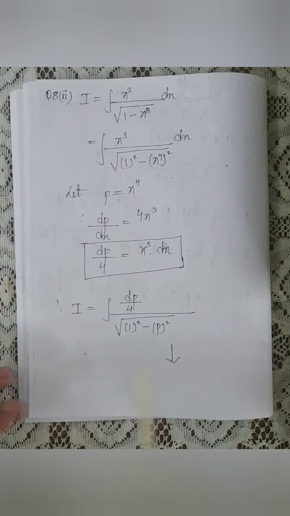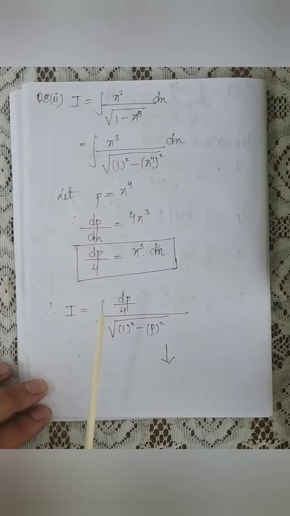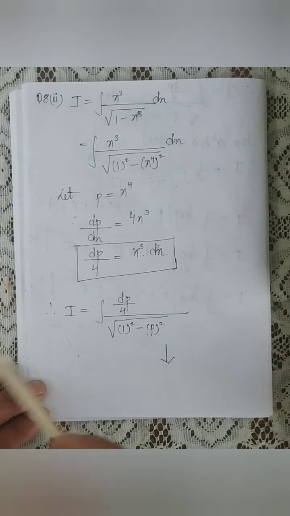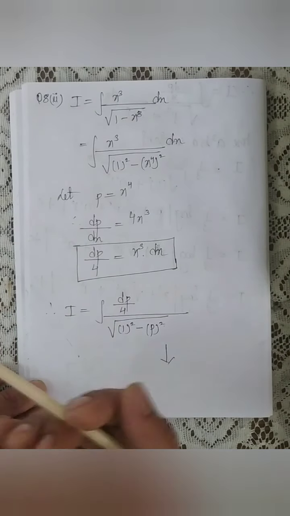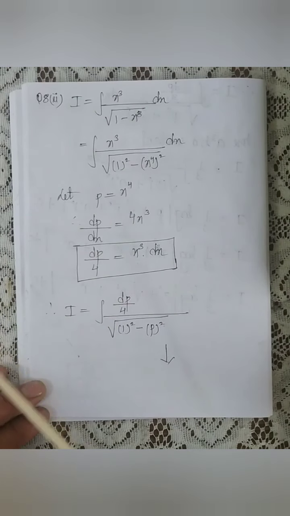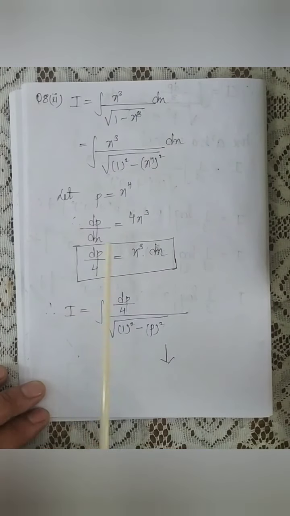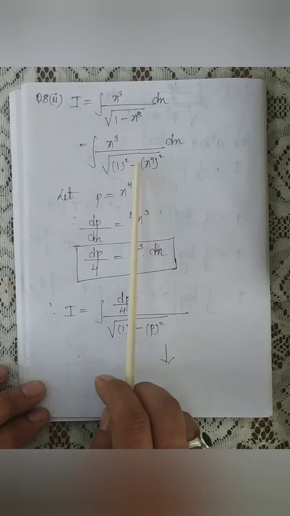Question number 8 part 2. Again a similar type of question. The power in the numerator is less than the power in the denominator. See, the same thing repeats again and again. If the power is less in the numerator than the denominator, then we need to substitute. Here it is x to the power 8, so what will I write? x to the power 4 whole square.